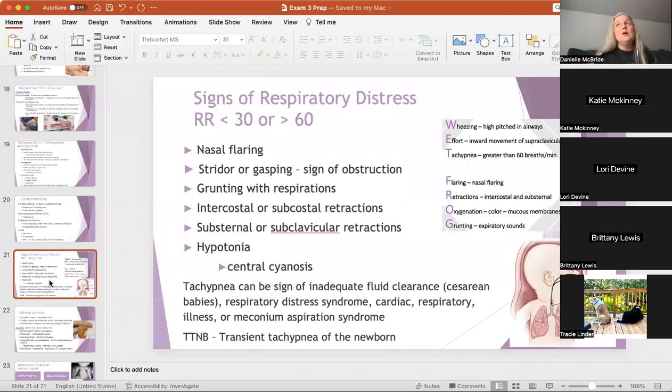So what would be a time when our baby wouldn't get a good chest squeeze? C-sections. Okay, so a lot of times C-section babies have increased risk of inadequate fluid clearance, and so they can have signs of respiratory distress and tachypnea. Okay, good. What else could cause tachypnea, do you think, besides inadequate fluid clearance from C-section?